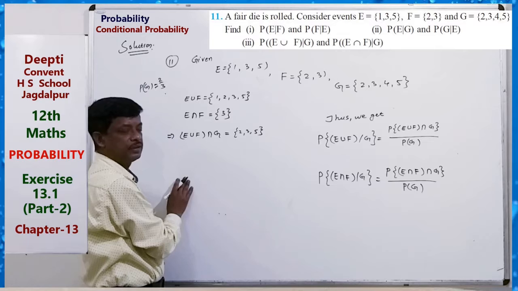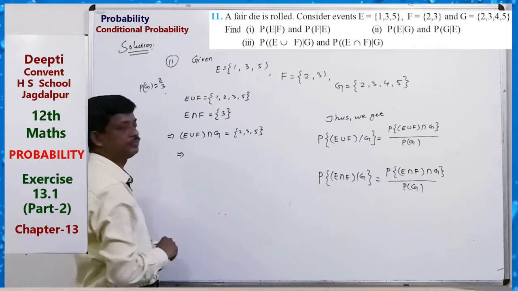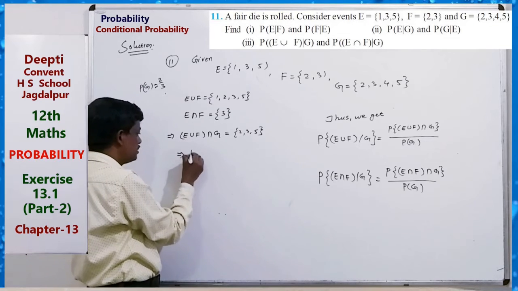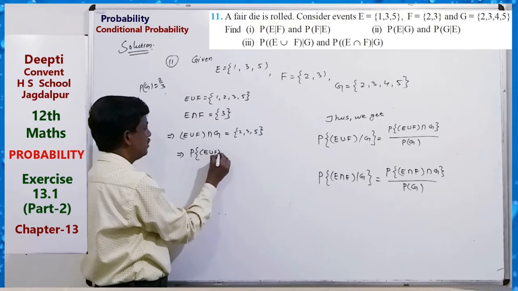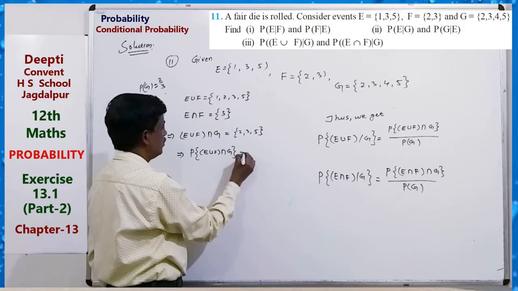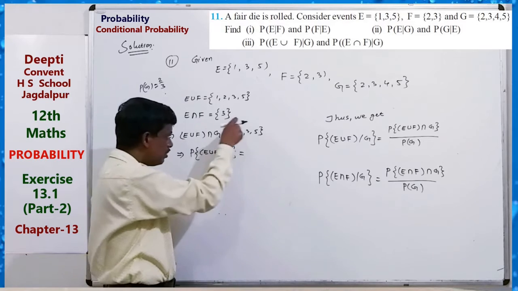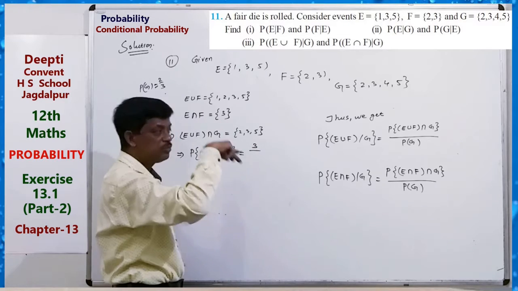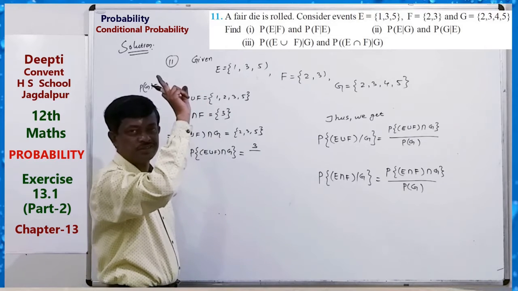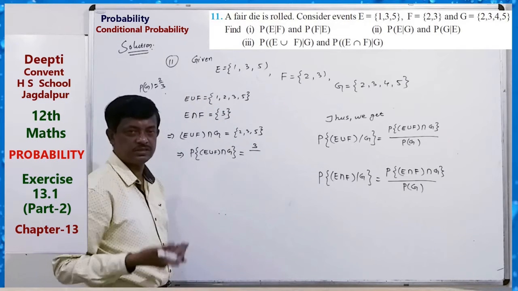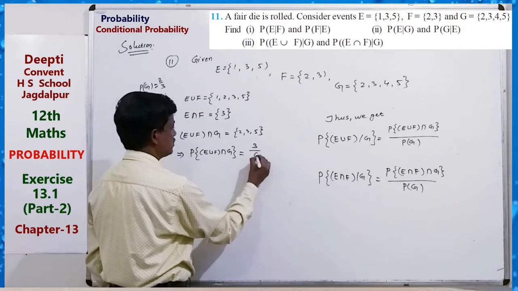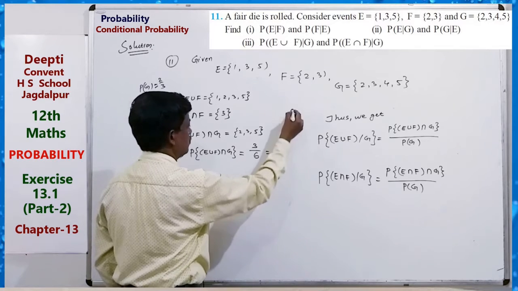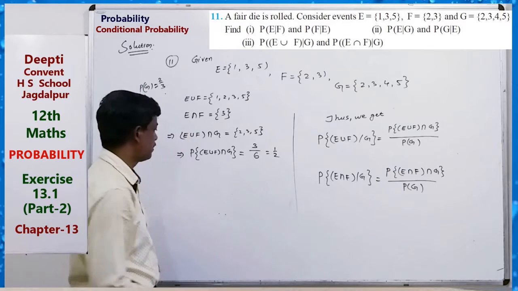Clear? So the probability of (E union F) intersection G equals the number of elements here, 3, upon the total number of elements, 6. A die is rolled, so the die has 6 elements, so 3 by 6 equals 1 by 2. Clear?